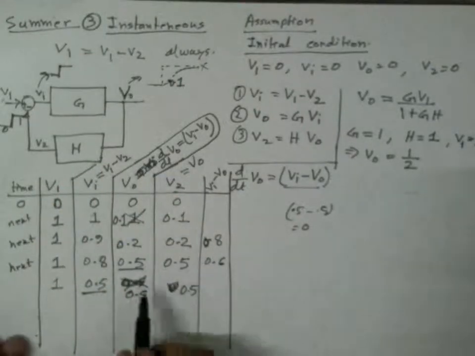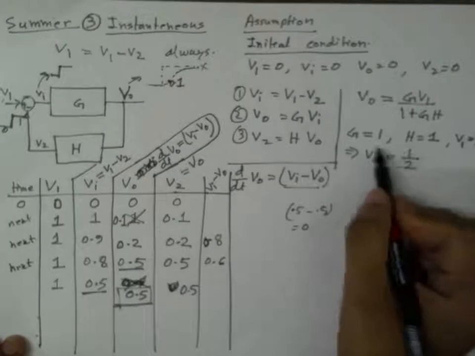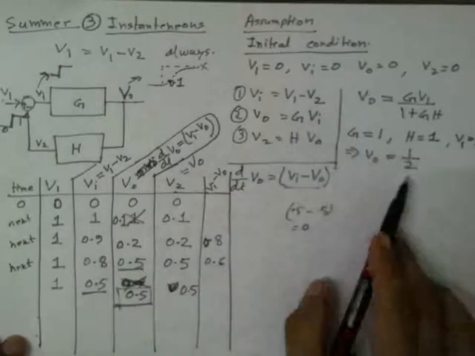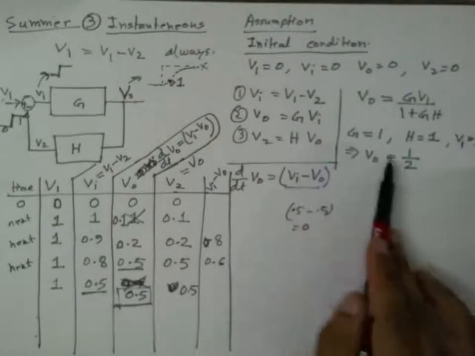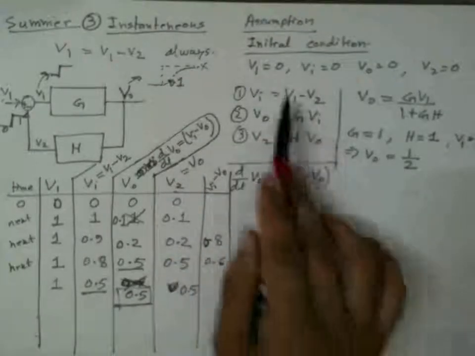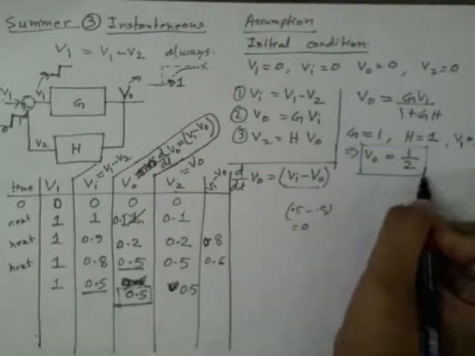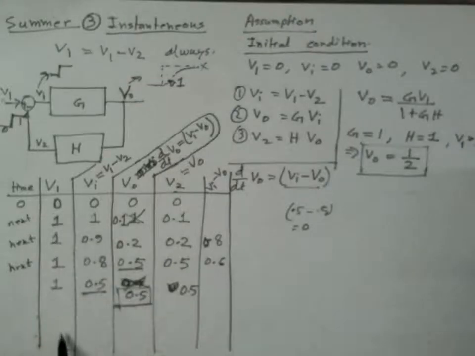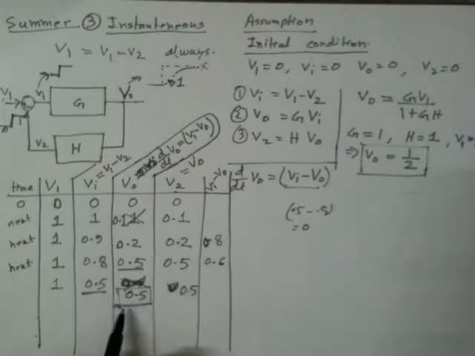So finally you see that the VO has become 0.5 or half, which is also given by this set of linear equations. By solving these equations, we got VO equal to half, and when we analyze the dynamics of the system, how things change with time, we saw that eventually the output becomes 0.5.